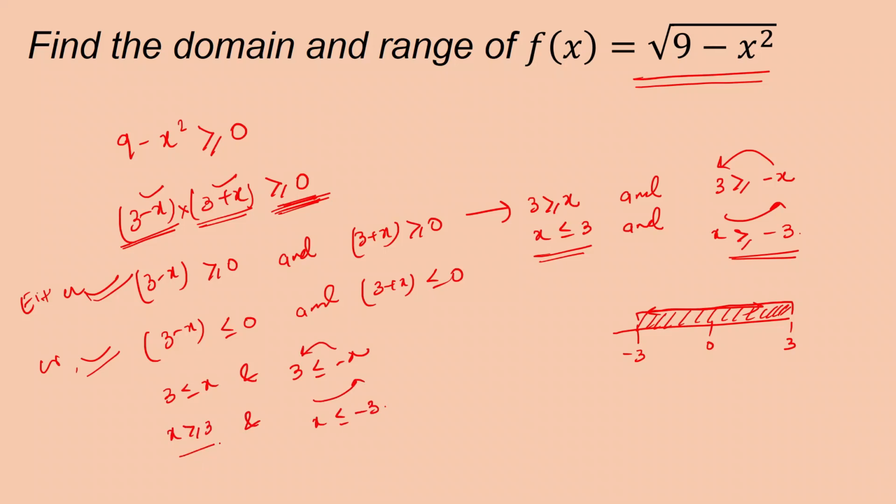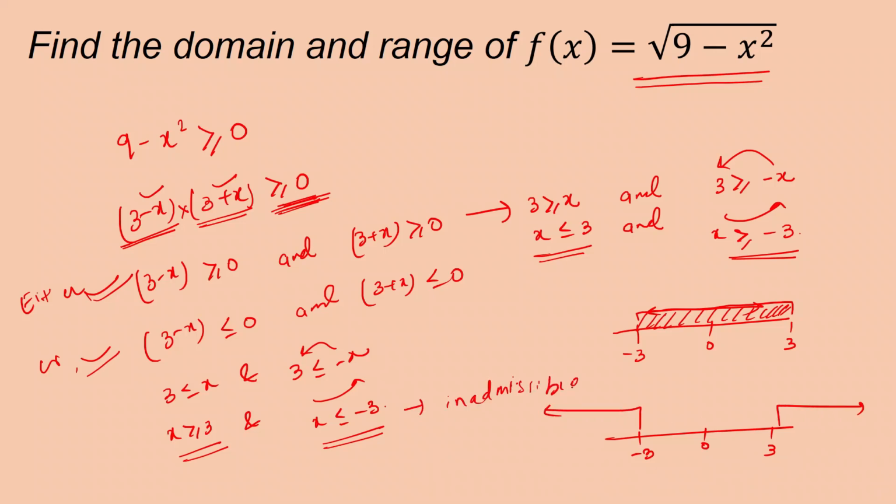So we need x to be greater than or equal to 3 and less than or equal to minus 3, which is not possible. Why? Think of it in the real line again. So we want x to be less than minus 3 and greater than 3, which is not possible, which cannot happen. So you give the reason, this is inadmissible. So this is the only thing that we are left with.